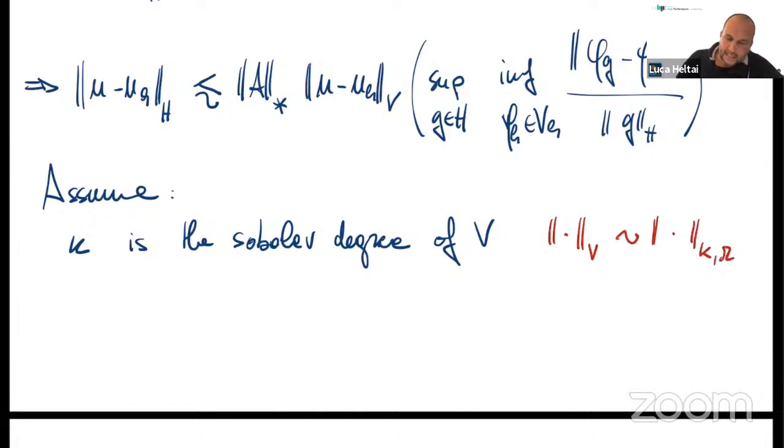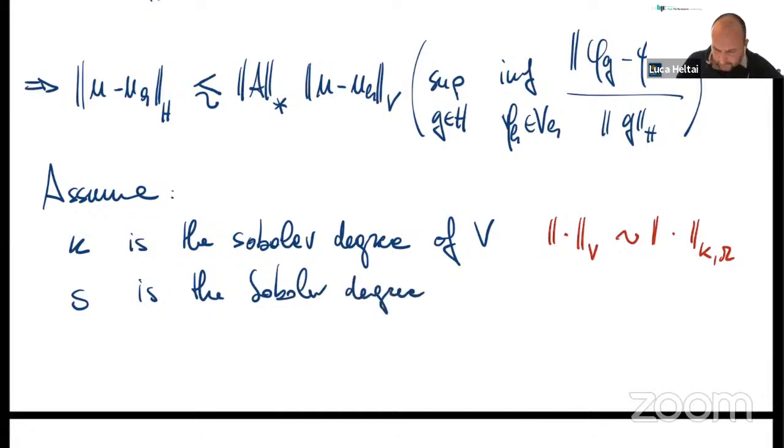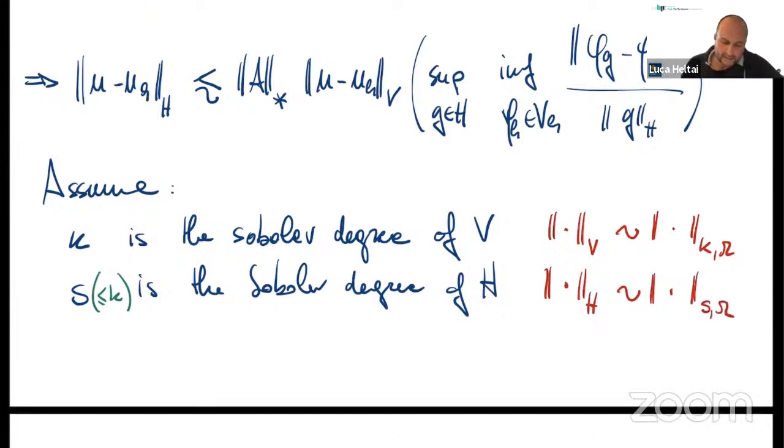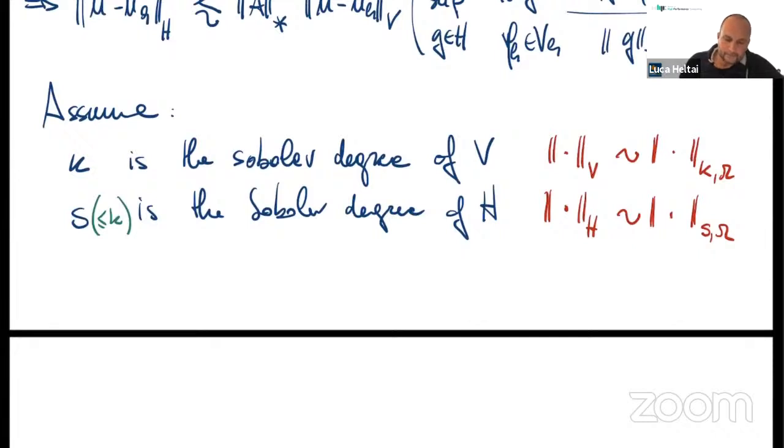Okay? And then let's assume that instead S is the Sobolev degree of H, and in particular S is supposed to be smaller or equal than K. And so what we're assuming is that the H norm is proportional to the S norm in the space from here.